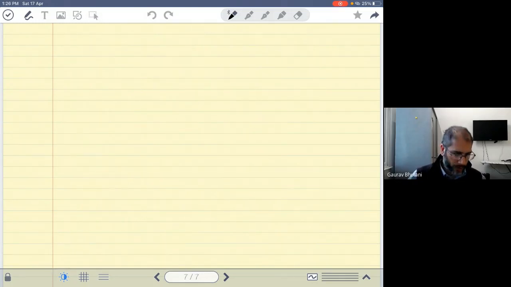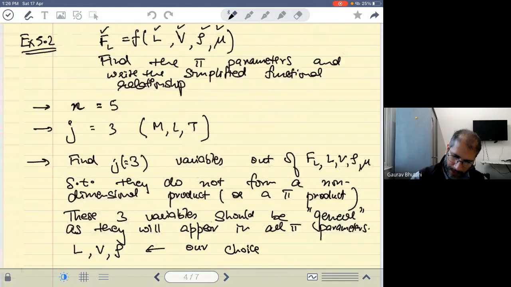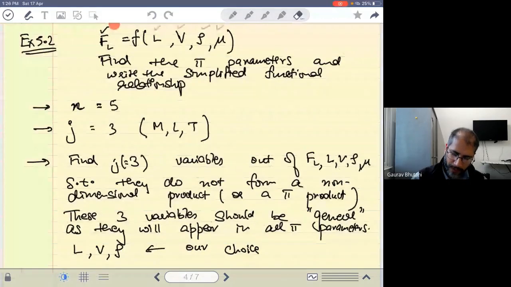So the next one is to find pi2. We had a total of 5 variables. Let's go back. Out of those 5 variables, we have taken L, V, and rho as the fundamental variables, and FL has been used.